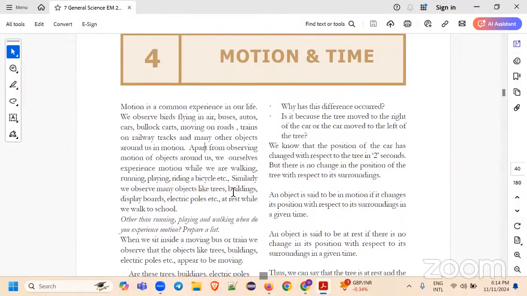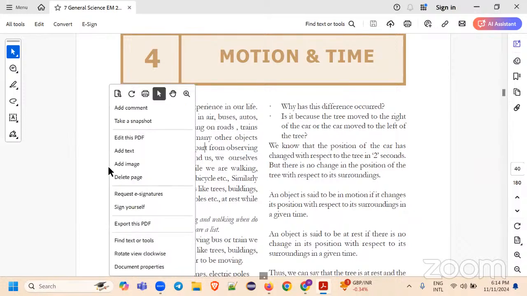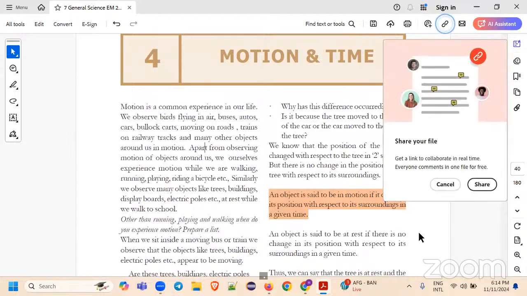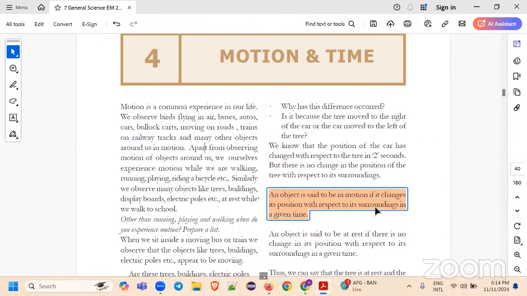The definition for motion is, see here, an object is said to be in motion if it changes its position with respect to its surroundings in a given time.